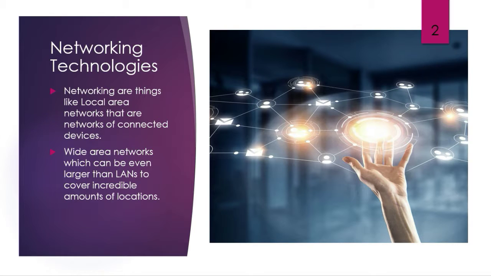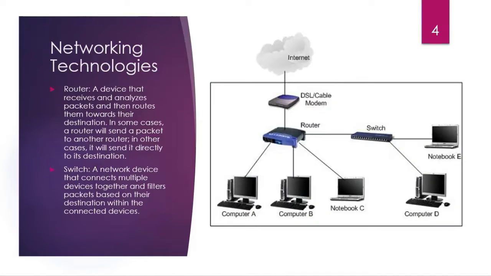packets. Packet switching: when a packet is sent from one device out over the internet, it does not follow a straight path to its destination. Instead, it is passed from one router to another across the internet until it reaches its destination. A router is a device that receives and analyzes packets and then routes them towards their destination.